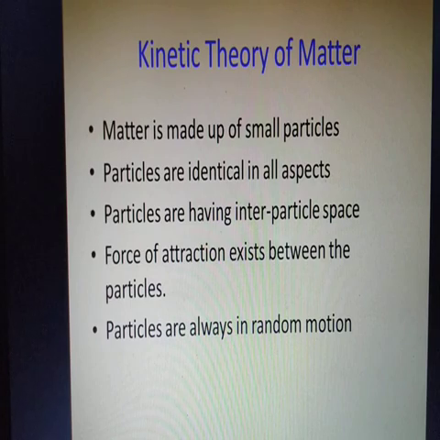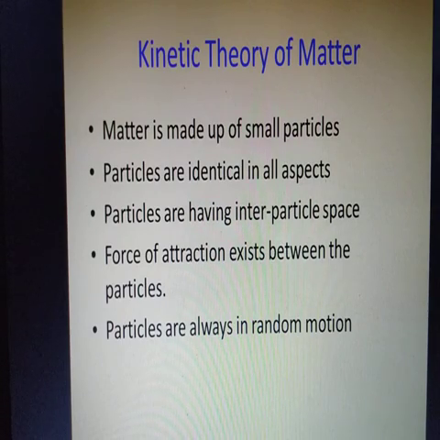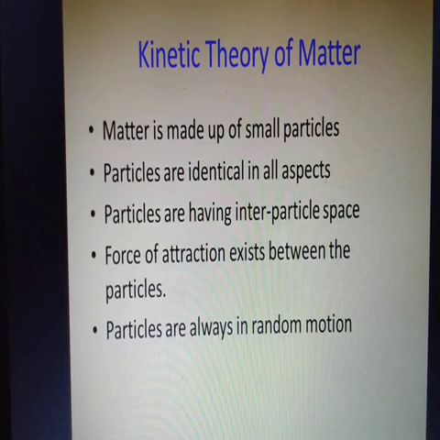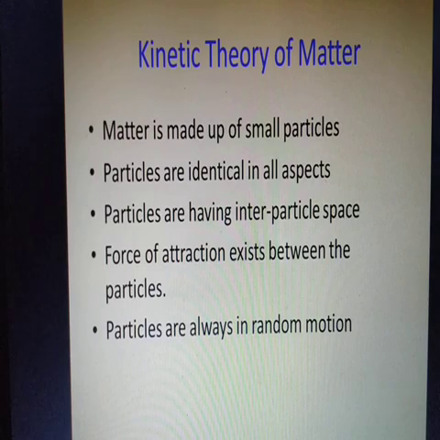Now, based on this interparticle space, the random motion of the particles, and the force of attraction, these properties of matter have laid the foundation stone of a new theory called the kinetic theory of matter.